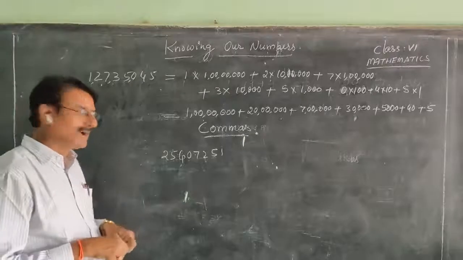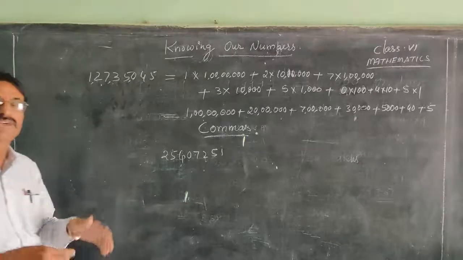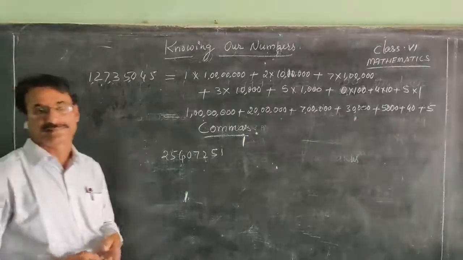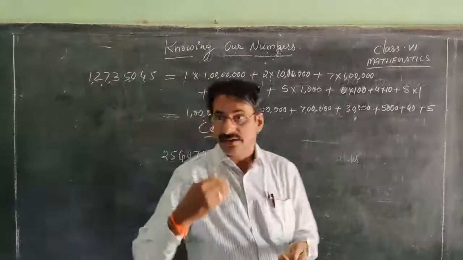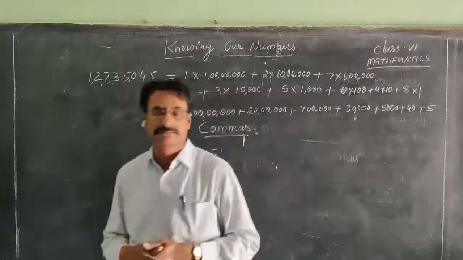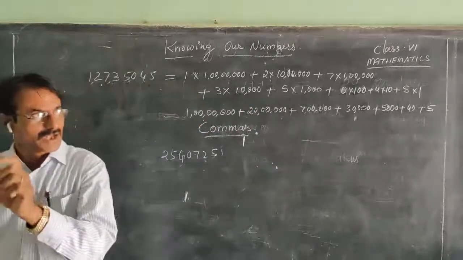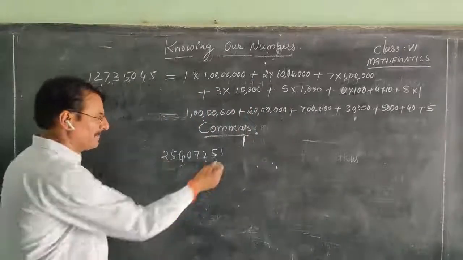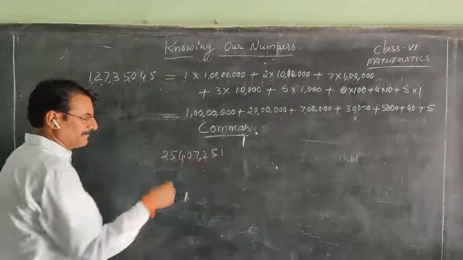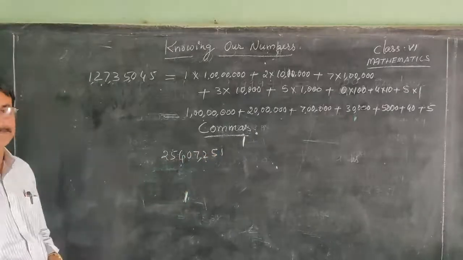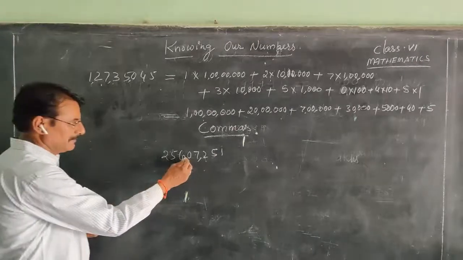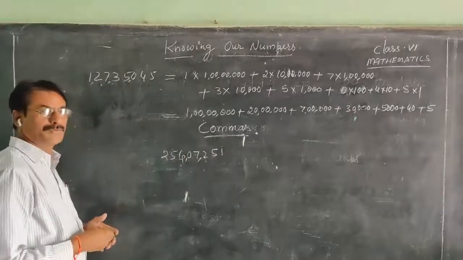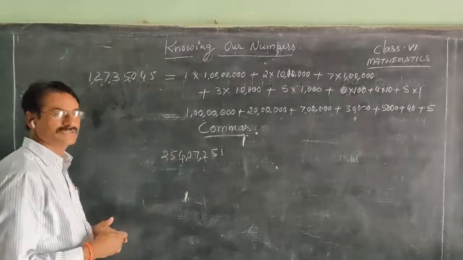If we put the commas, it is very easy to read the number. Generally, in our Indian number system, we put the first comma after 3 digits, that means before the 100 place. The next comma is before 1000.